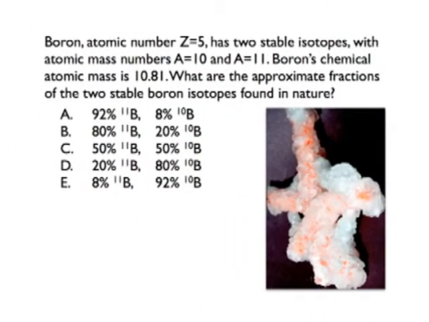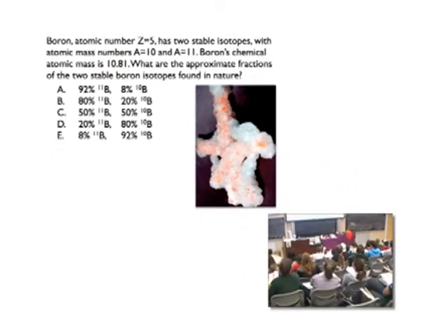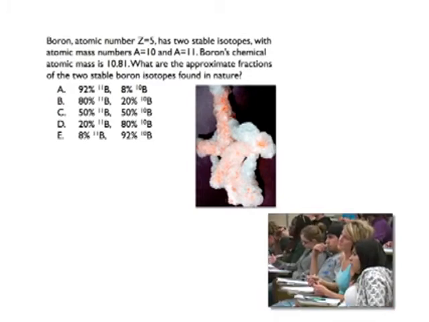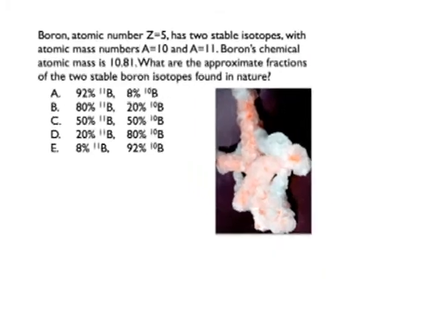So given that the chemical atomic mass in the periodic table is 10.81, what are the approximate fractions of the two isotopes that you have? Talk to your neighbors about that. I'll call for a vote in about 15 seconds. All right, what do we get?